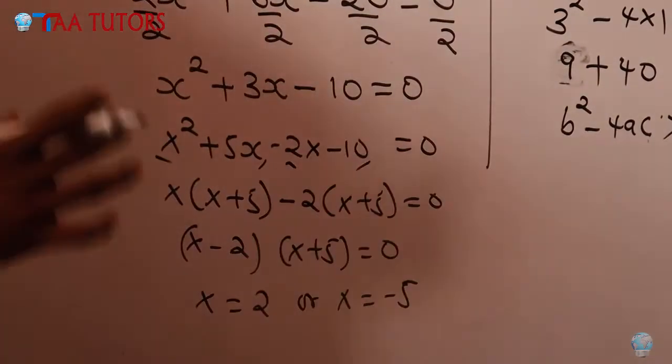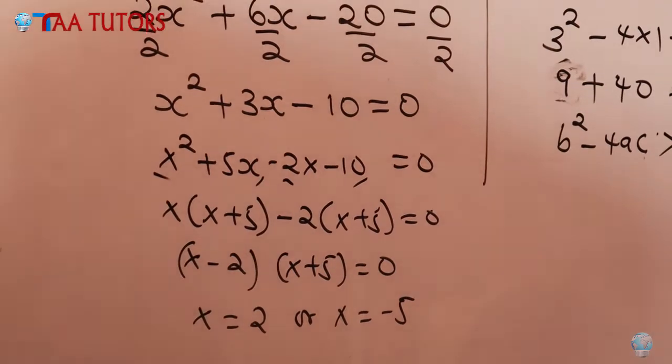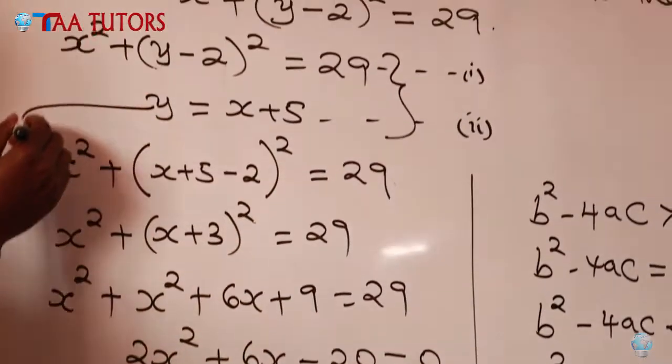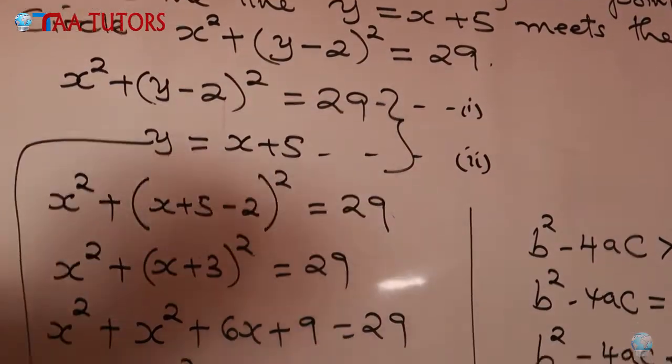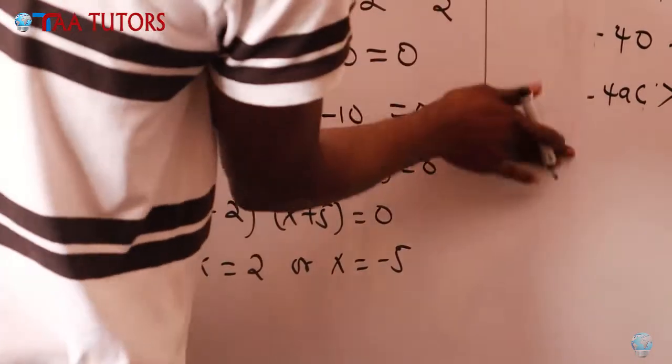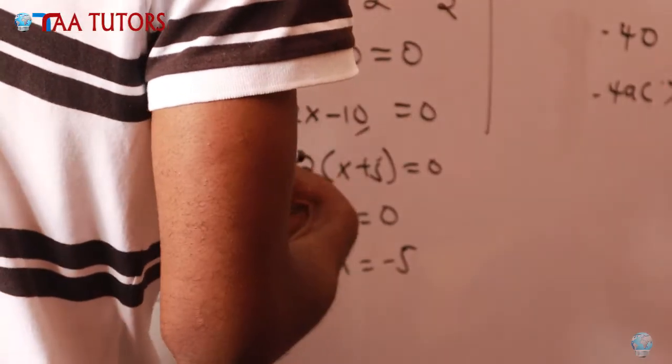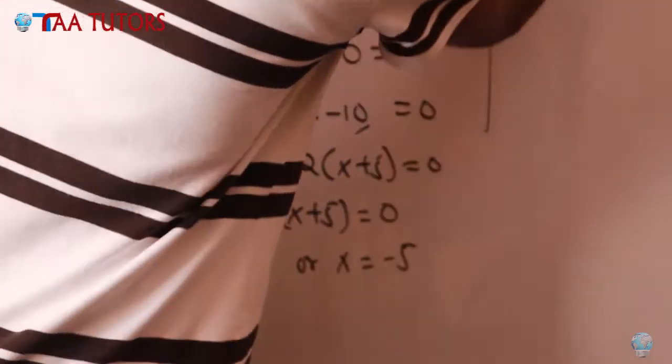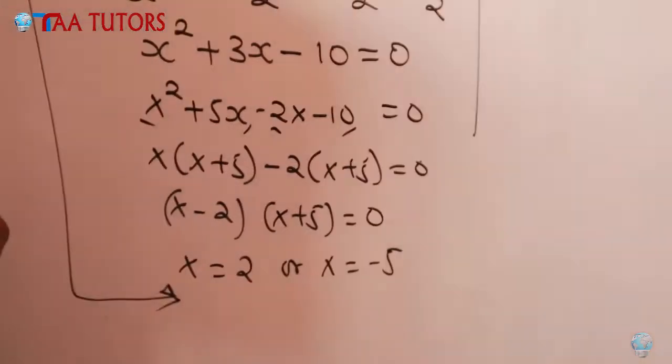So viewers, we have got the values of x, and we should get the values of y. For us to get the values of y, I'll bring this equation here, and let me remove this. I hope you have understood what this was helping us with. It's not part of the working, but it's just helping us.